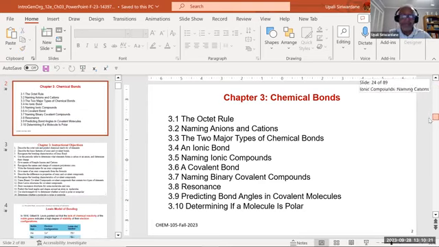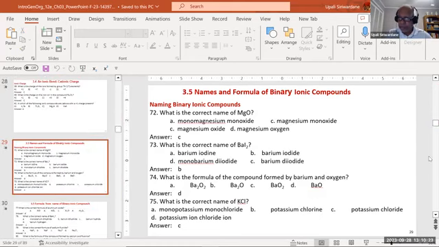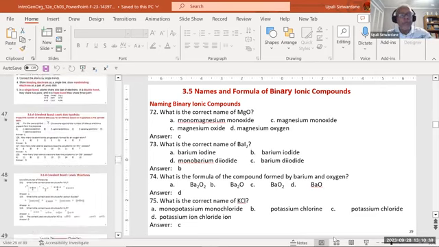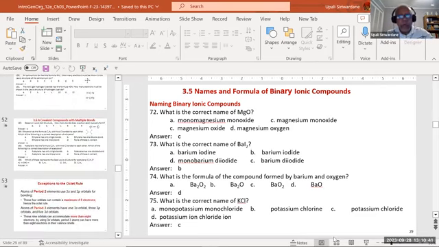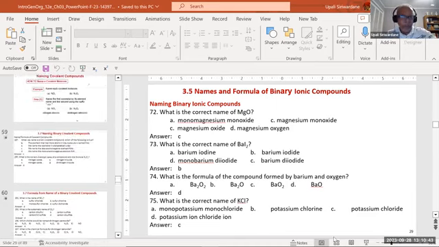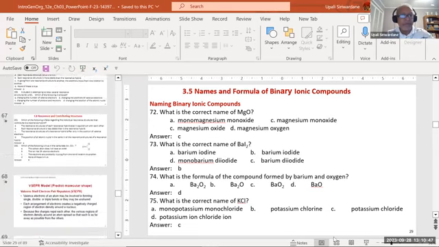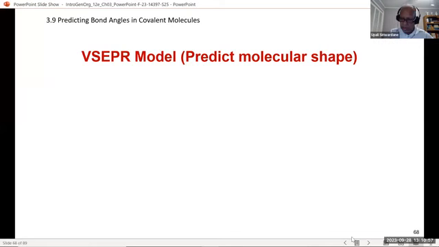Okay, let me go back to the slide where you have valence shell electron pair repulsion theory. We use valence shell electron pair repulsion theory. I went over this already in the last class period.